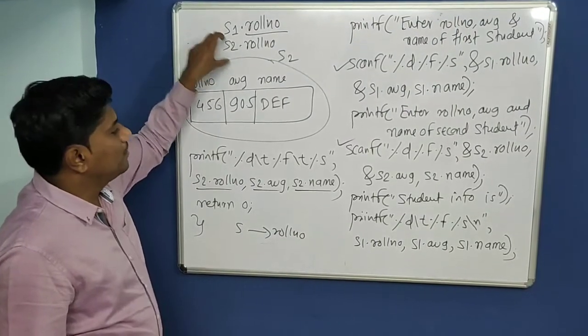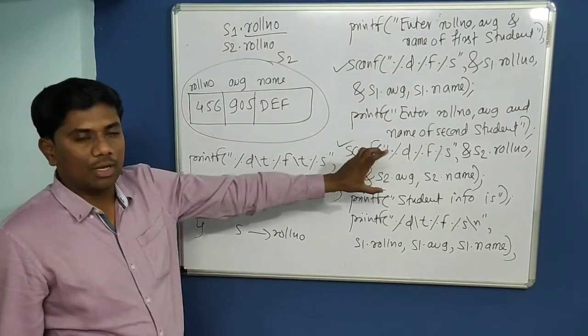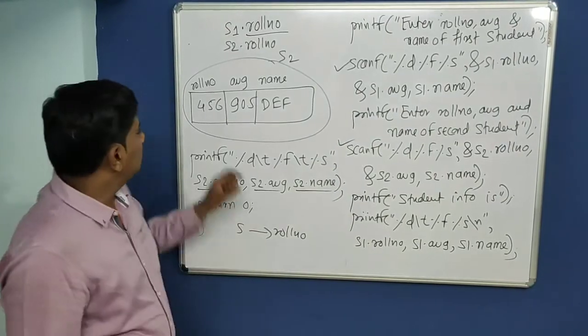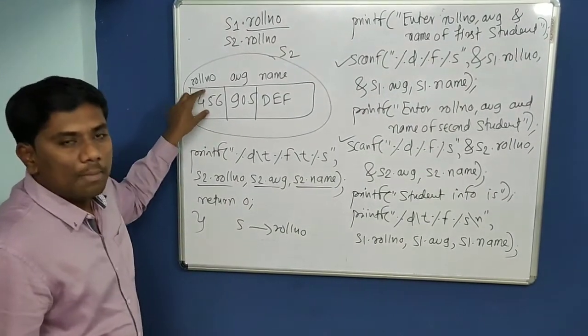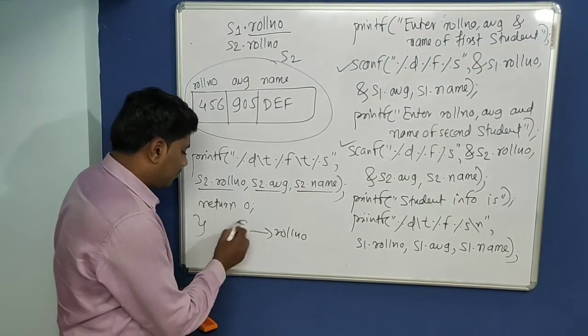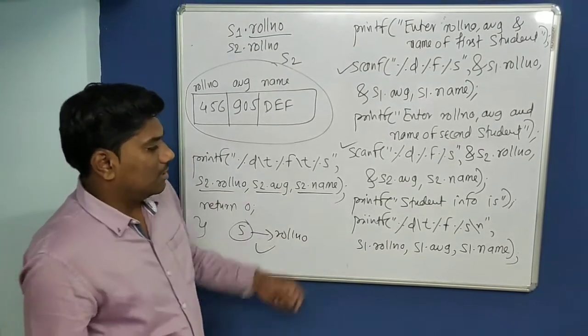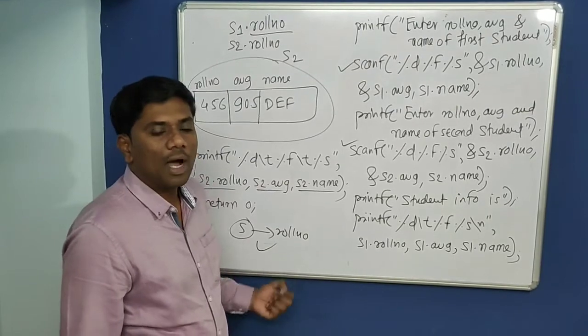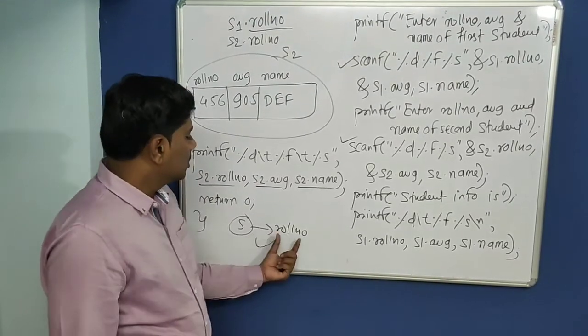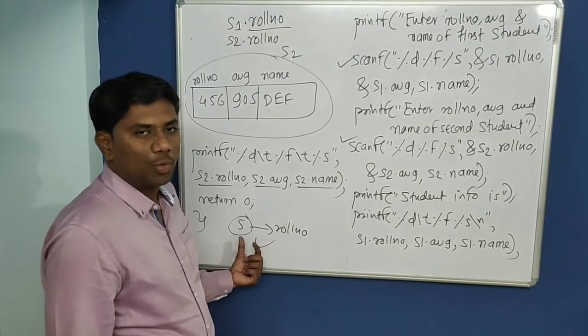S1 and S2 are simple structure variables. But if you want to access a structure member value by using a structure pointer, then use the arrow operator. In the next lecture, we'll see how to access structure member value by using a structure pointer.